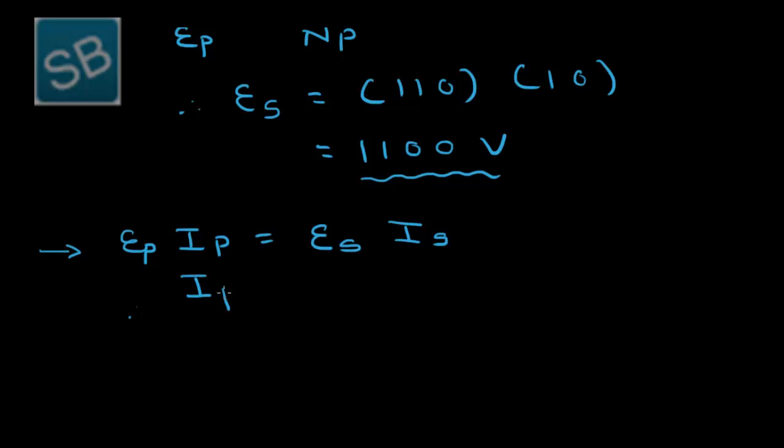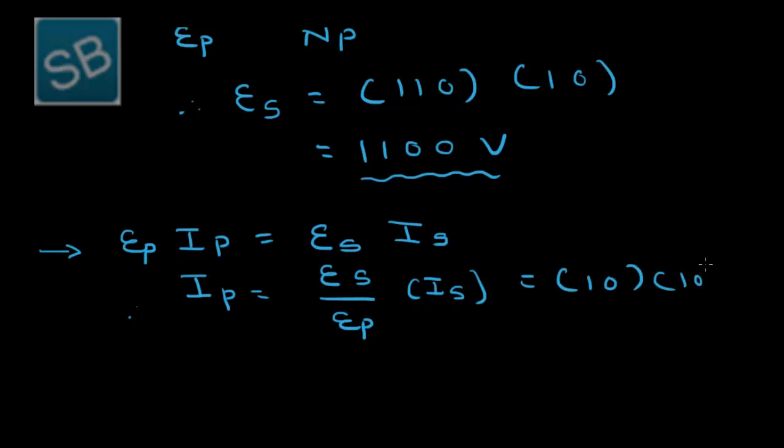Therefore, I_P is equal to epsilon S over epsilon P into I_S. Epsilon S over epsilon P, that is the ratio, means 10, and the current in the secondary coil is also 10. So the current in the primary coil is 100 ampere.